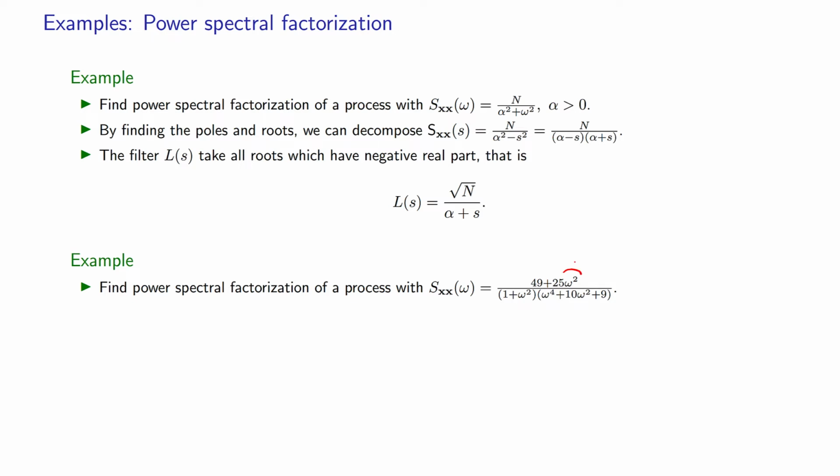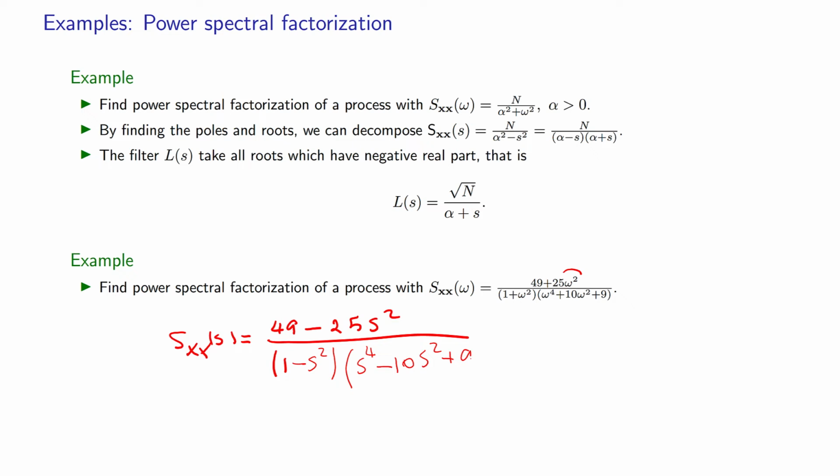I take omega squared and replace it by minus s squared, so I get S_x of s equal to 49 plus 25, and this plus becomes minus, times minus s squared, and then I get 1 instead of plus omega squared becomes minus s squared, and then omega to the fourth becomes s to the fourth, and then minus 10 times s squared, and then plus 9.